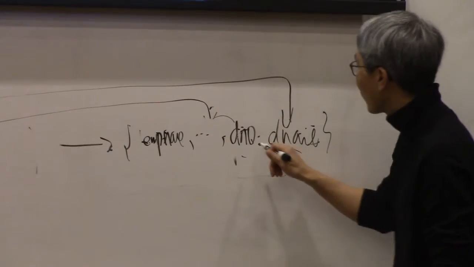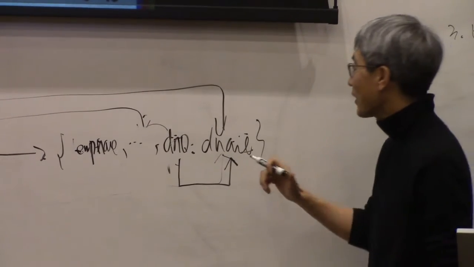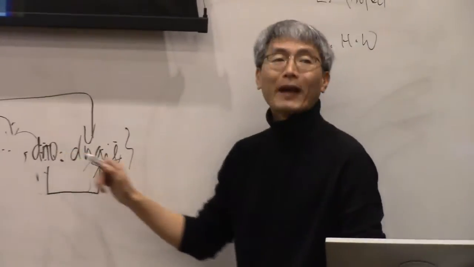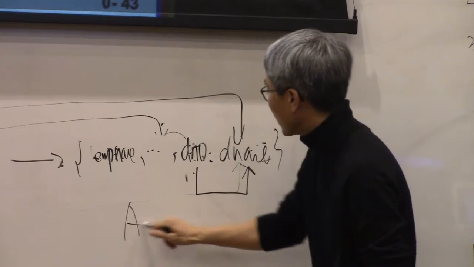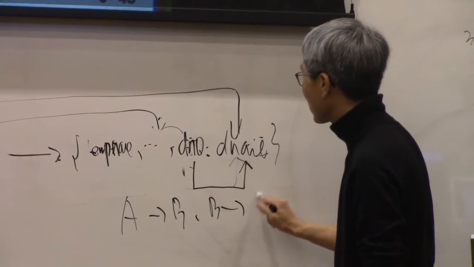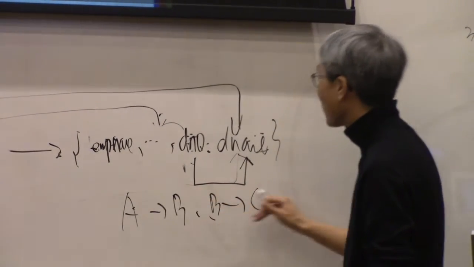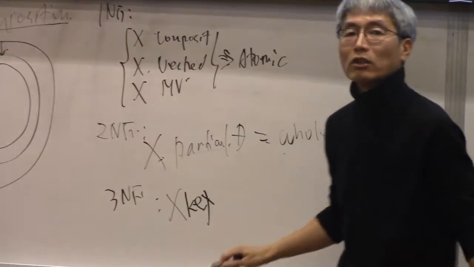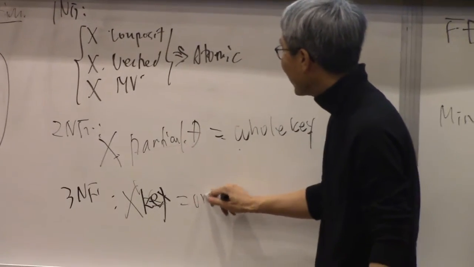However, we can identify that DNO determines DNAME. At this time, DNAME is not a prime attribute, but we can find the dependency. This time, A determines B, B determines C. This is called transitive. So eventually A determines C, but there is another dependency inside. Third normal form does not allow such a transitive dependency. In other words, it's nothing but only key dependency.